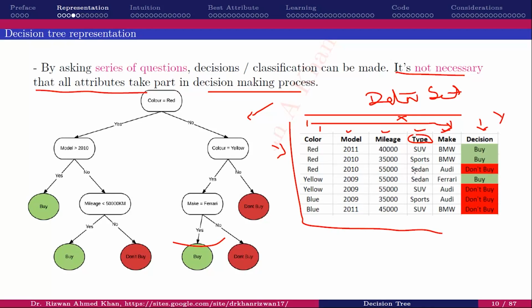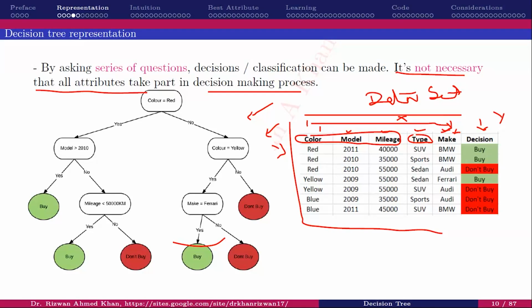It means that this attribute probably doesn't contribute much in the classification process, or our learning algorithm doesn't give this attribute weight because it is not giving discriminative information for the classes. Even make is not represented. So this decision tree is made using only these three attributes: color, model, and mileage. These two attributes are redundant in terms of this example decision tree. So it is possible to have few attributes or all of them taking part in the decision making process.